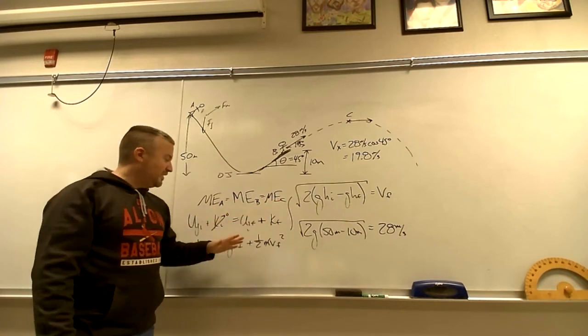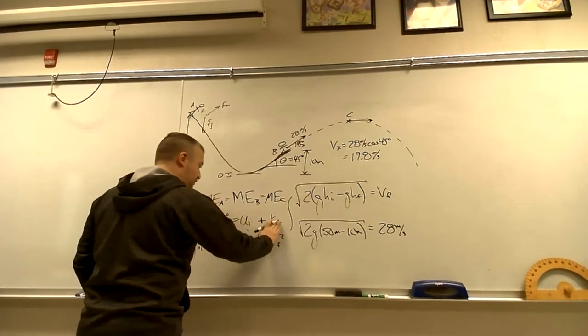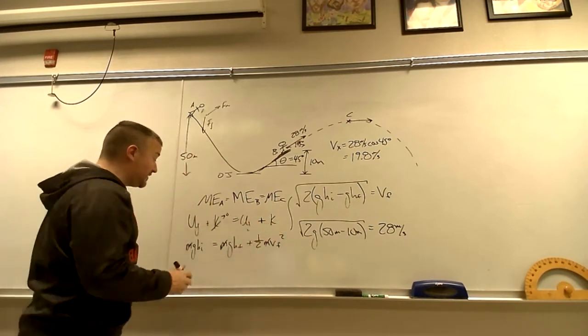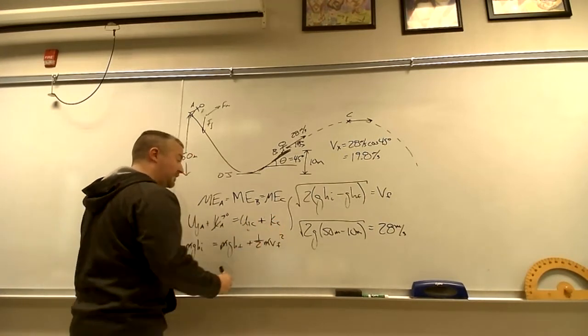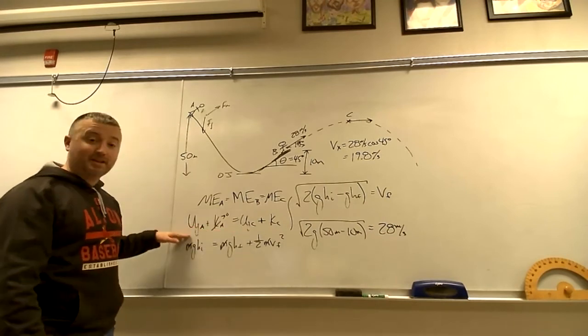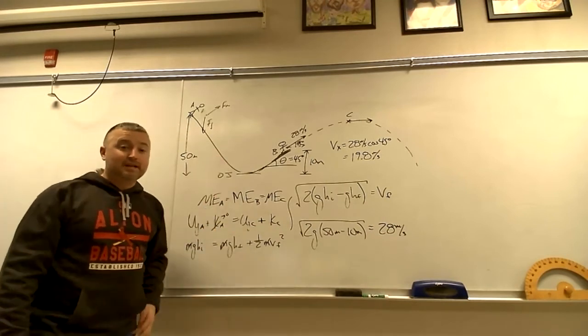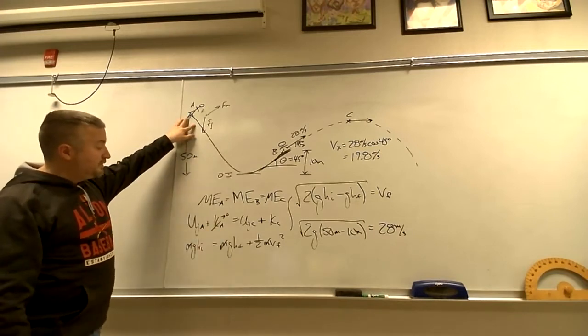So let's scrap the initial and final stuff for a second, which can be helpful when you have multiple spots, and say we're comparing the spots of A to the spots of C, because the energy is conserved. That number, whatever was calculated at A, is still going to be the answer at C. That means kinetic at A still drops out.